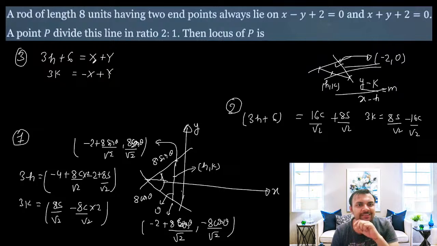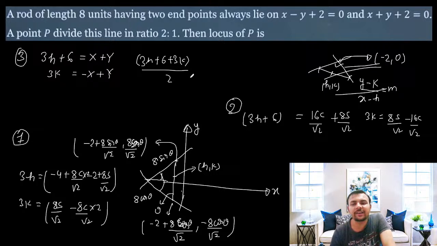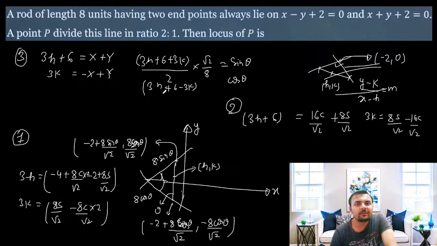So if we add, we are getting 3h plus 6 plus 3k upon 2 equal to y. Y was nothing but root 2 by 8 times sin theta, and similarly cos theta with a minus. So we'll get 3h plus 6 minus 3k by 2 root 2 upon 16.